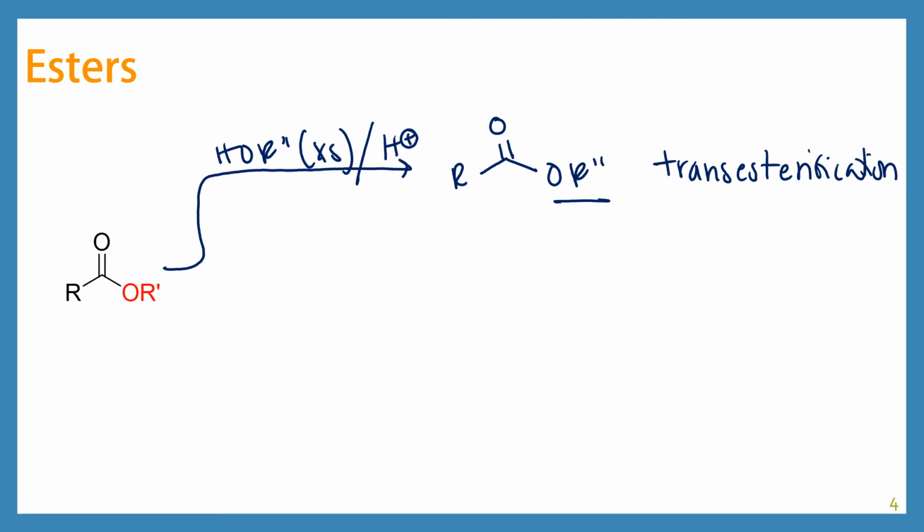There aren't a lot of reasons that you would probably do this reaction, but it's actually often a side reaction that you have to keep in mind. We can also react an ester with an amine.